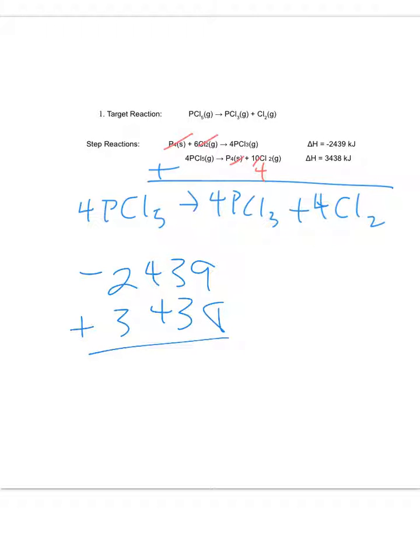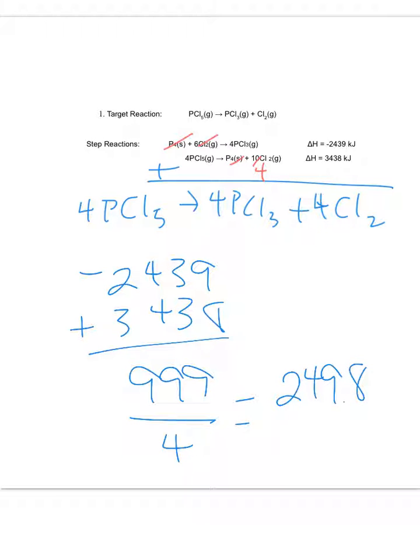And when we add those two together, we're going to get 999 kilojoules. And then we need to divide everything by 4 so that we can reduce those coefficients down to 1. So we're going to divide that by 4, and you still end up with your 249.8 kilojoules. So again, you can use fractions or you can wait until the end and divide.